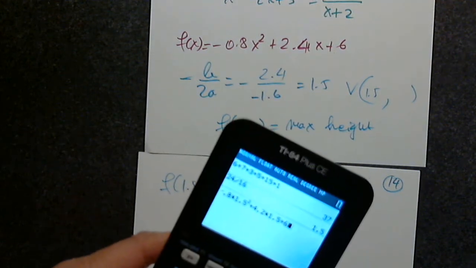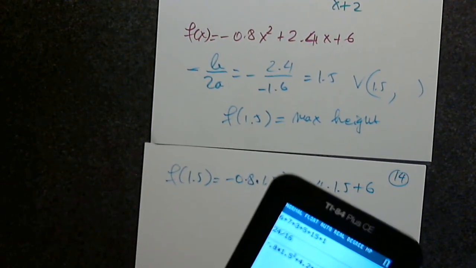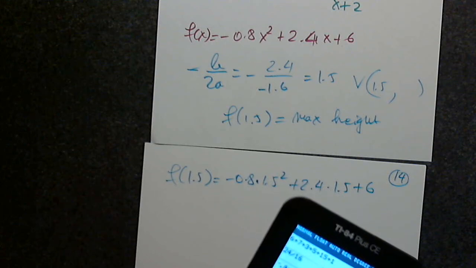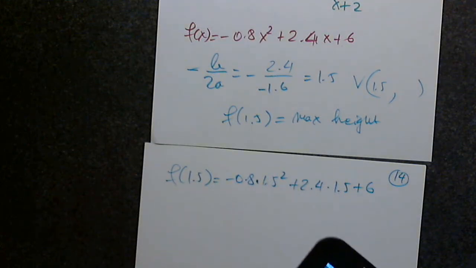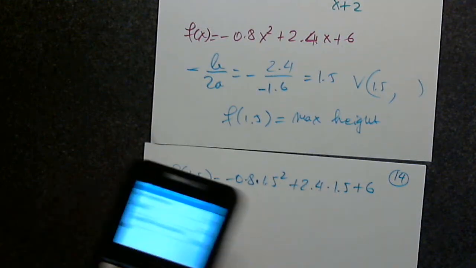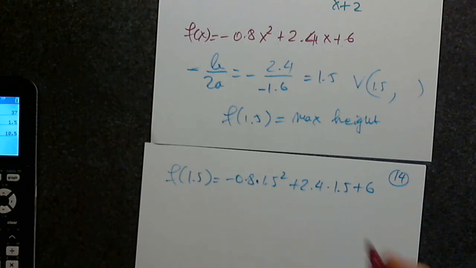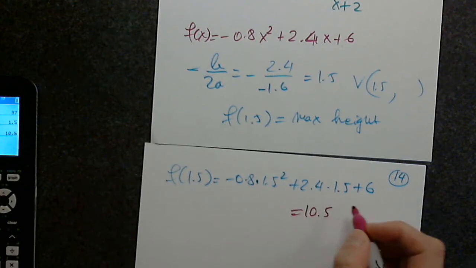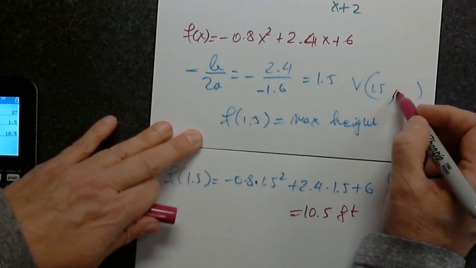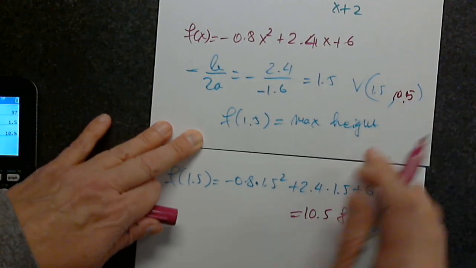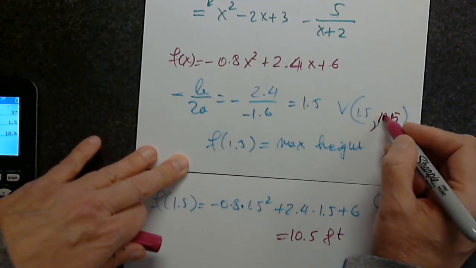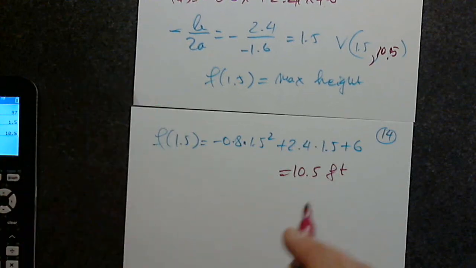I'm checking to see if I got all that correct. So yes, 1.5 squared, 2.4 times 1.5, yeah. So apparently it's 10.5 feet. And now for the horizontal distance.